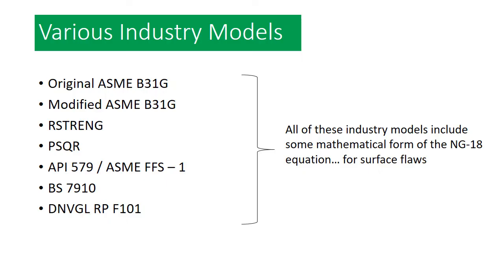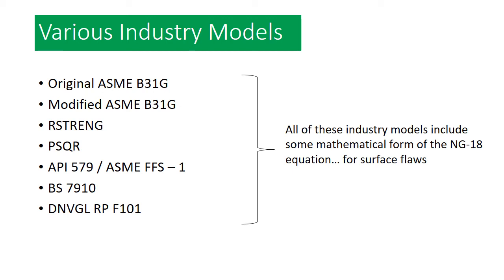Now, if we look at the various industry models, you'll find that there are several industry standards out there that use this basic equation. Before I've mentioned ASME B31G and DNV F101, which are the standards that I'm guessing a lot of you will be more familiar with. When it comes to ASME B31G, we have both the original version and the modified version. And then if we want to go to a level 2 assessment, we can go to more complicated things like R-string or P-squared.